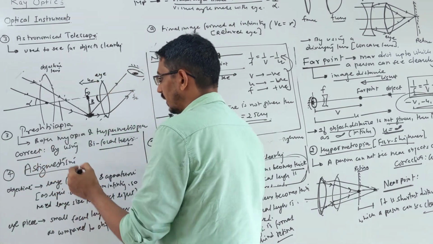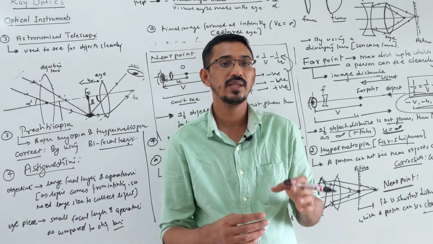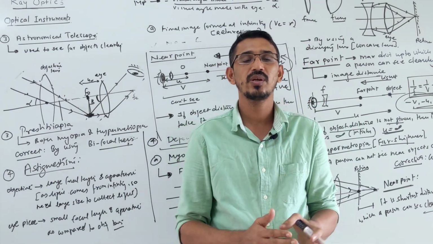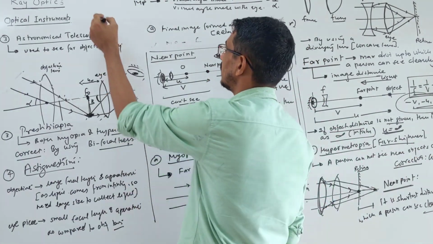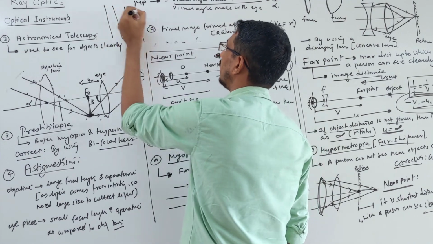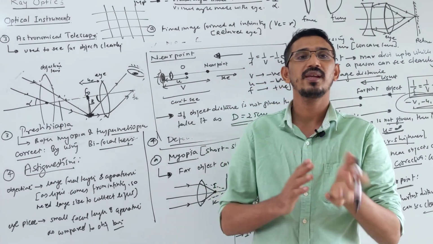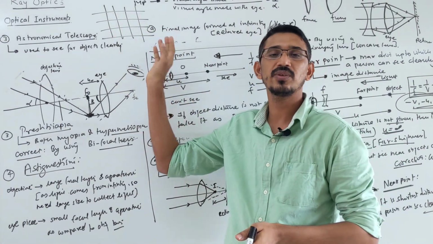Astigmatism. In this defect, a person cannot see clearly lines like a grid. If you have horizontal and vertical lines, like a net, then he cannot see the horizontal and vertical lines clearly. If he can see horizontal clearly, then he cannot see vertical clearly.